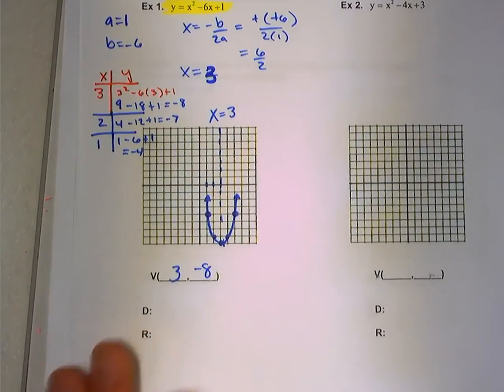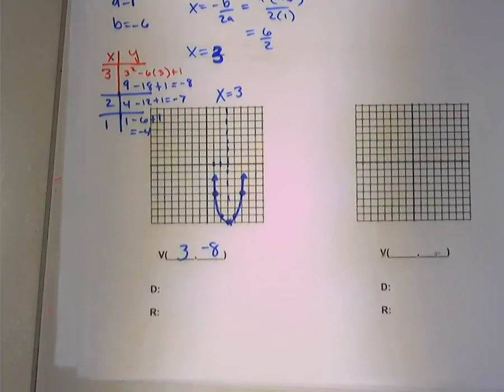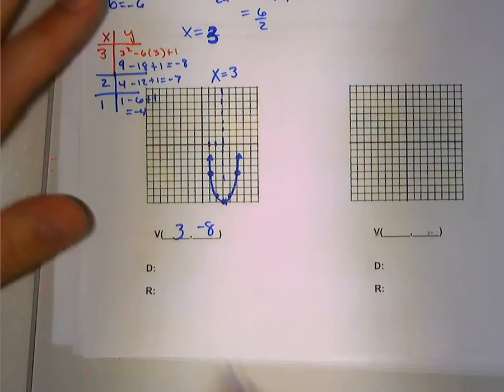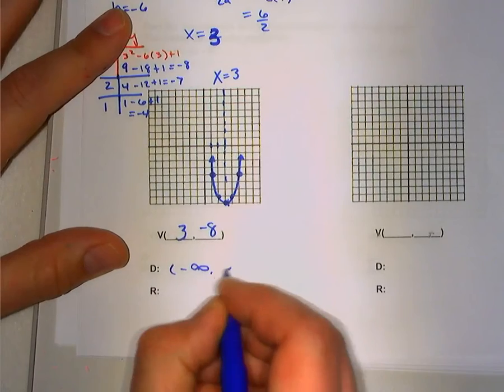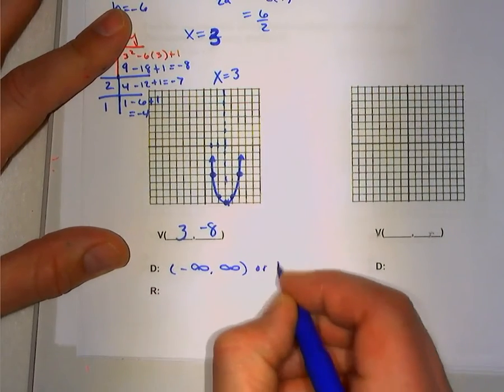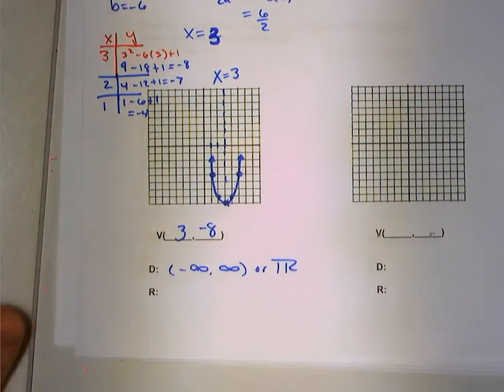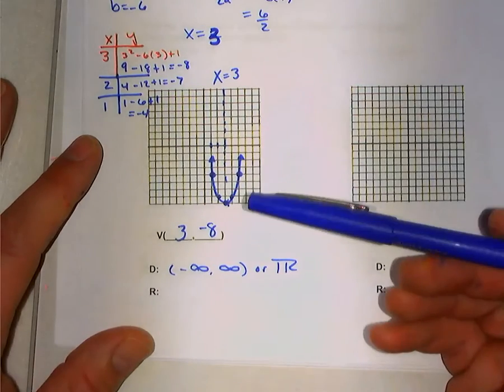All right. Domain and range. Domain is always, from left to right, negative infinity to infinity. Or if you like the fancy R, range is bottoms up. How low does it go?